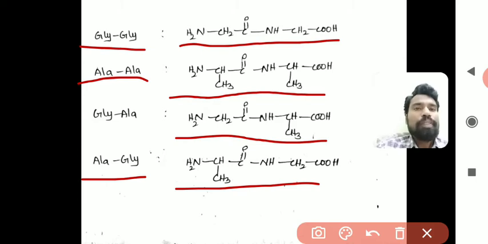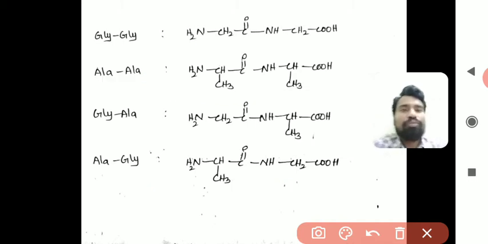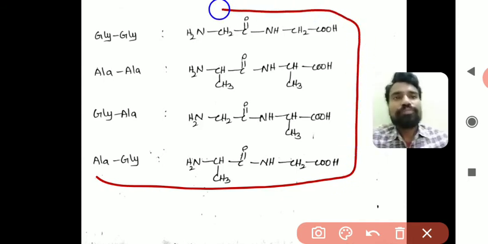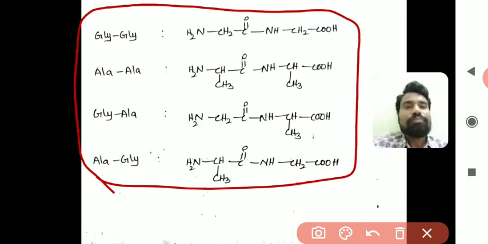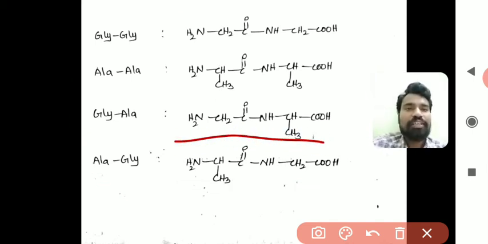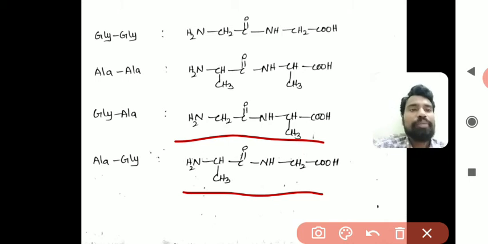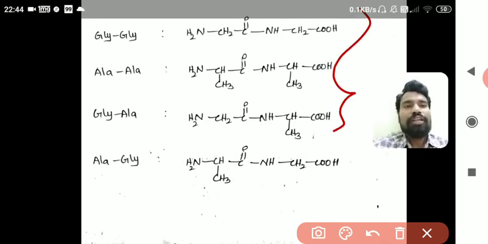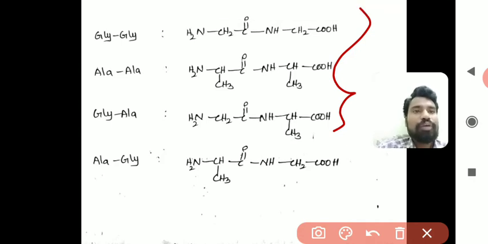So when two different amino acids react with each other, four types of dipeptides are formed. This is undesired, because we require only one kind of dipeptide, either glycine-alanine or alanine-glycine. The remaining three are undesired products, which makes our reaction process difficult.